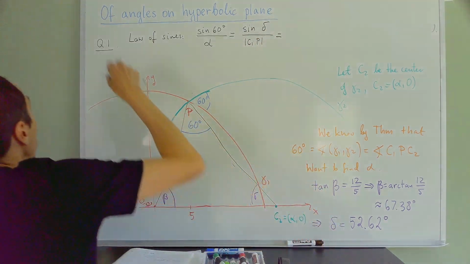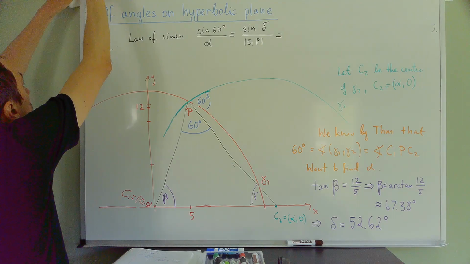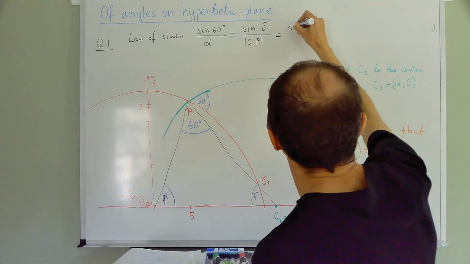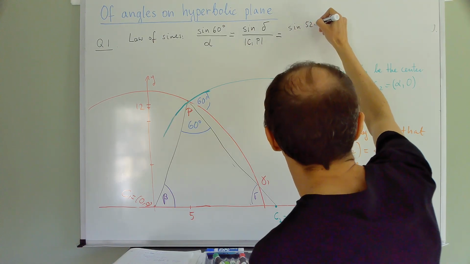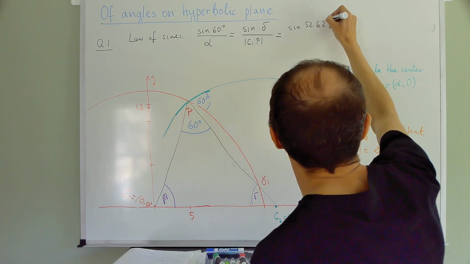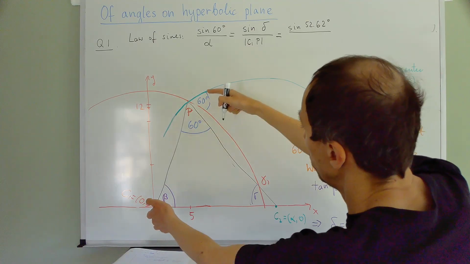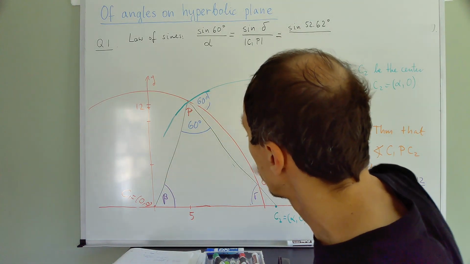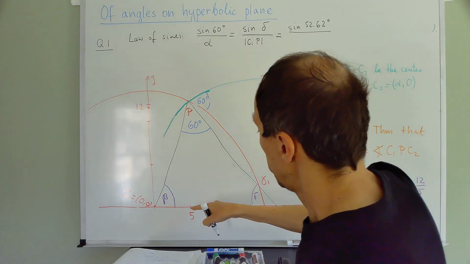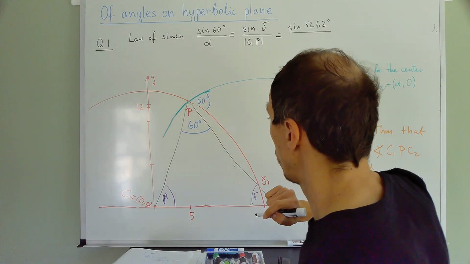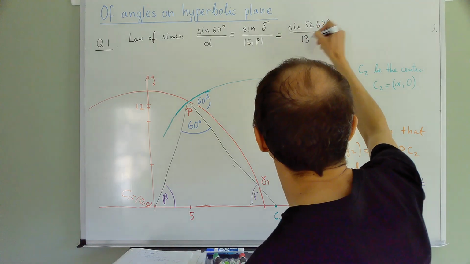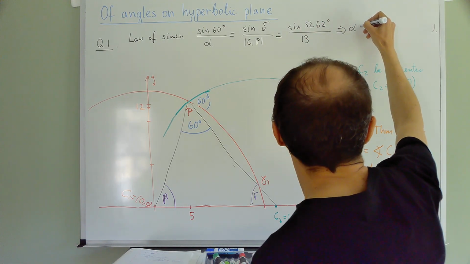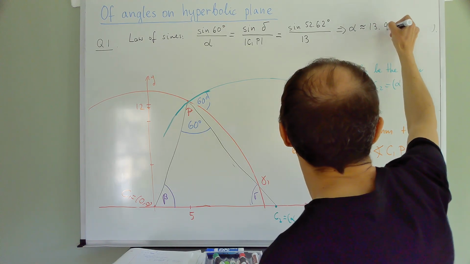Sine delta is the sine of 52.62 degrees. And what's C1P? That's just from the Pythagorean theorem. That's the radius of that red circle. So it's the square root of 5 squared plus 12 squared, which gives you 13. So from this you will see that alpha is roughly 13.9.